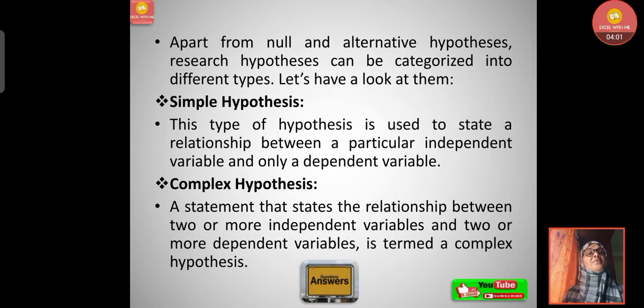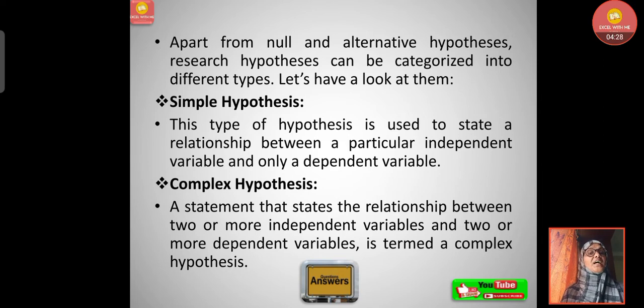Now apart from null and alternative hypothesis, research hypothesis can be categorized into different types. Let's have a look at them. First one is simple hypothesis. This type of hypothesis is used to state a relationship between a particular independent variable and only one dependent variable.